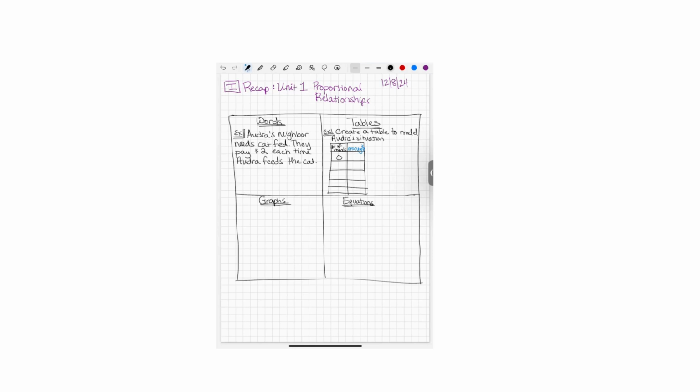We're going to have number of meals. And we're going to have money. And then we'll just start at 0 and count up a few. So 0, 1, 2, 3, 4.